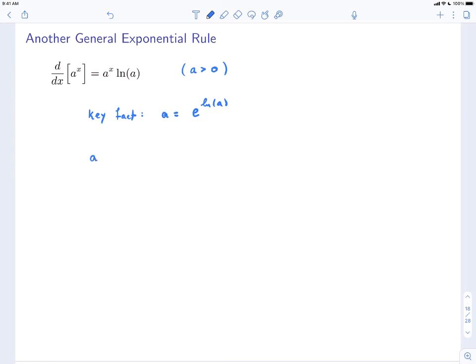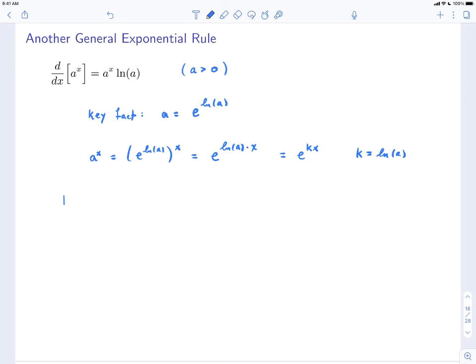Well, a to the x is equal to e to the ln of a, raised to the x. But if you have an exponential that you raise to an exponent, you multiply the exponents together. So it's going to be e to the ln of a times x. Now this is exactly our e to the kx, where we have that k is ln of a.